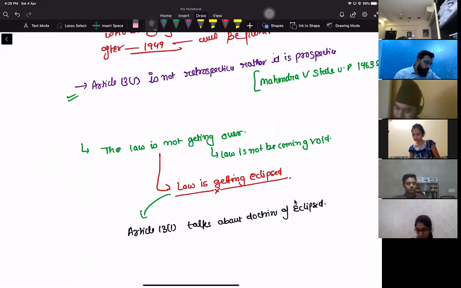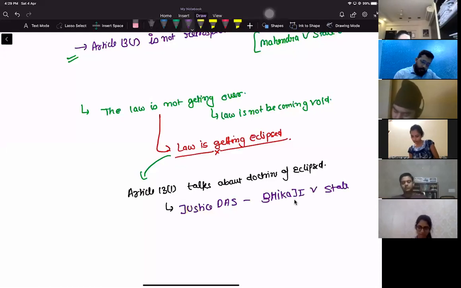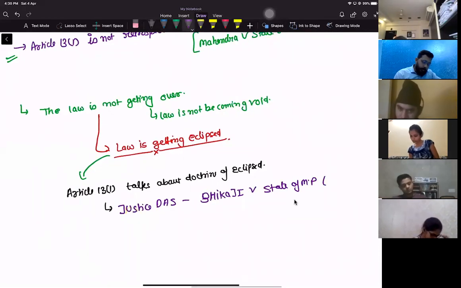It is the doctrine of eclipse given by Justice Das. This time, first time, this name was given by Justice Das in Bikaji versus State of Madhya Pradesh. And this is the landmark judgment on this topic, 1955.